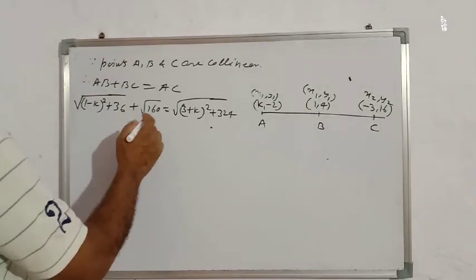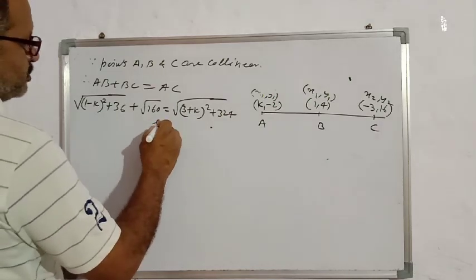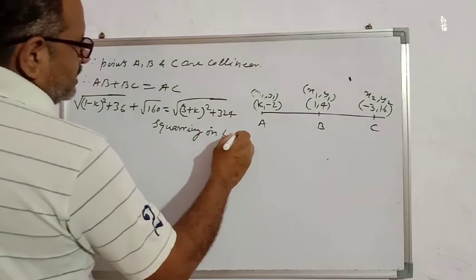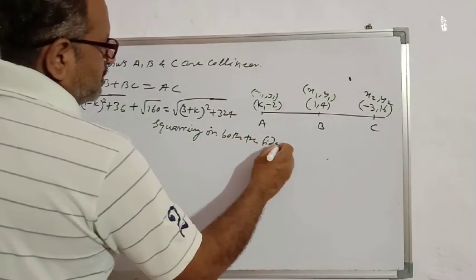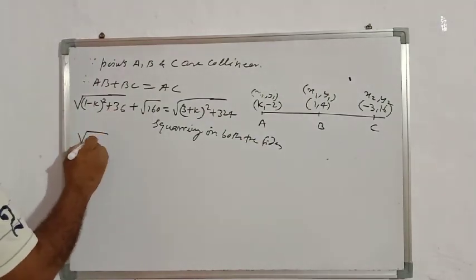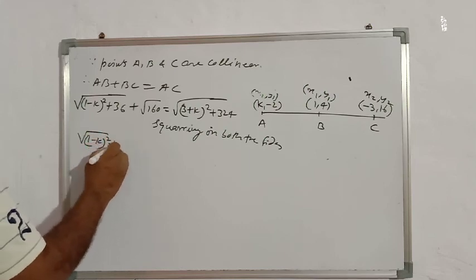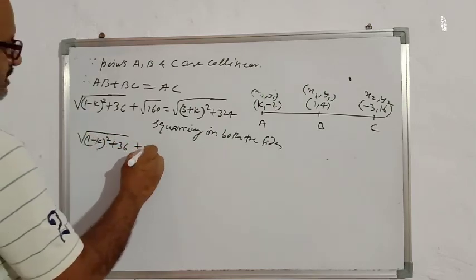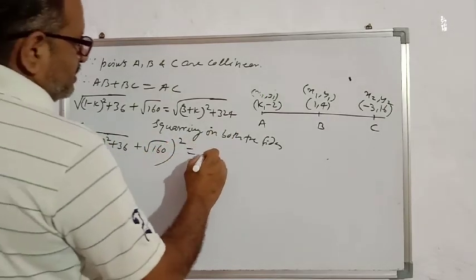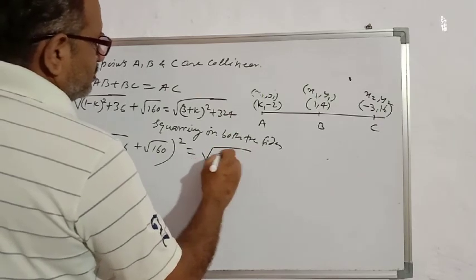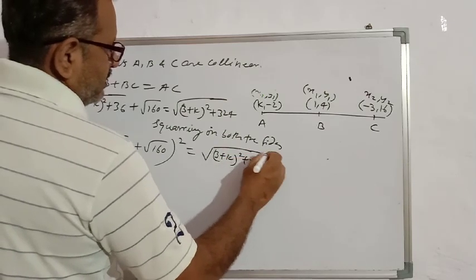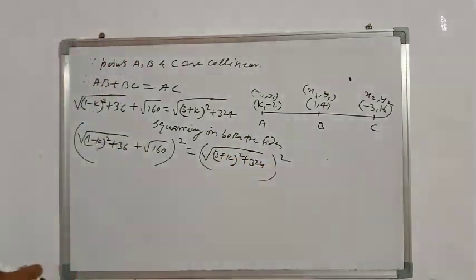Squaring on both the sides. So here we will take a plus b whole square, means we will write like this: 1 minus k whole square plus 36 plus root 160 whole square, and the right side root 3 plus k whole square plus 324 whole square.